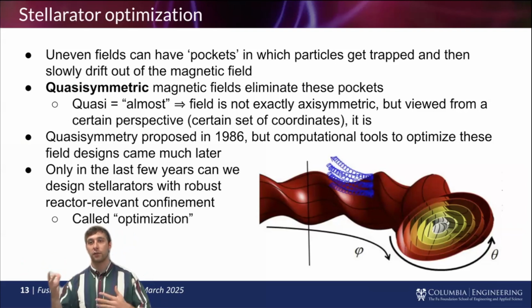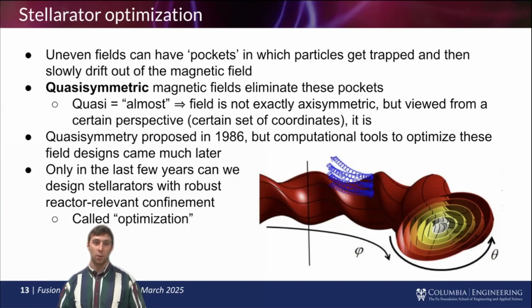So the way that we optimize against this, or try to create a magnetic field that has a level of symmetry, basically, that keeps these pockets out of our device, is using quasi-symmetry.